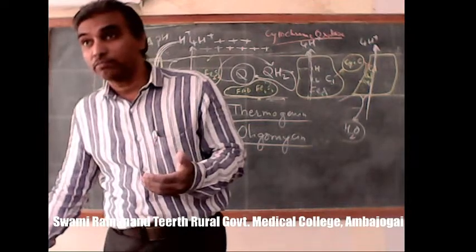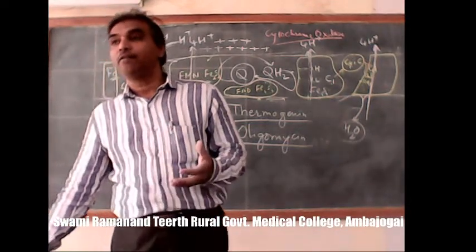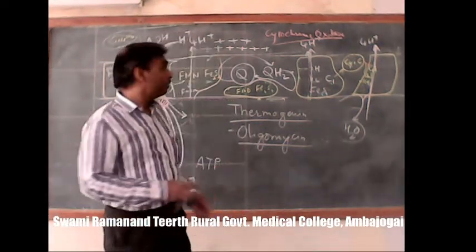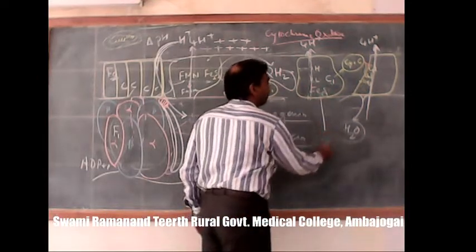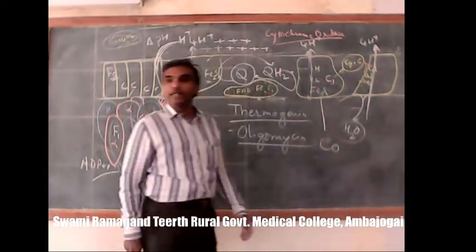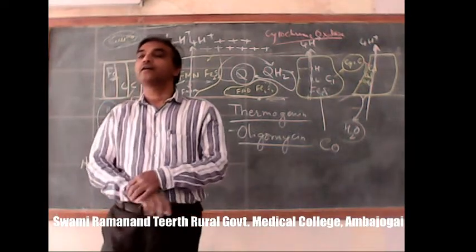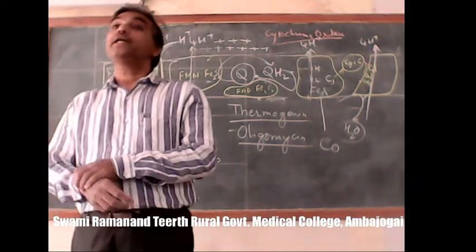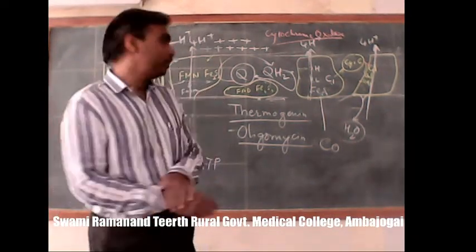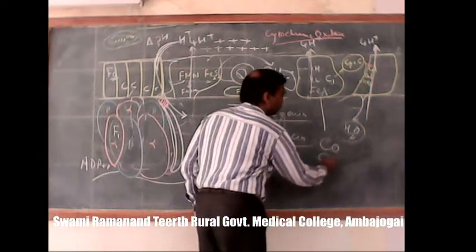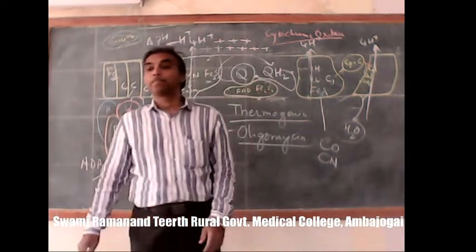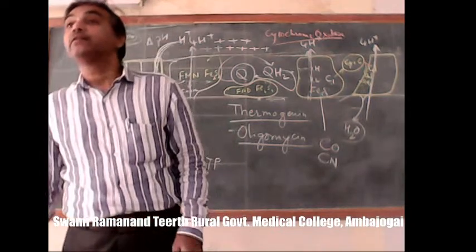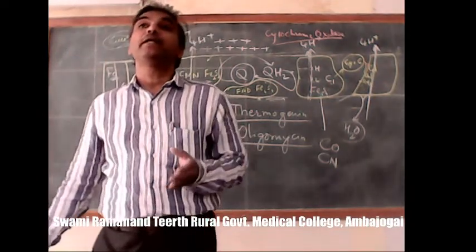Complex 4, that is cytochrome oxidase, is inhibited by carbon monoxide, H2S, and cyanide, and this is irreversible inhibition.